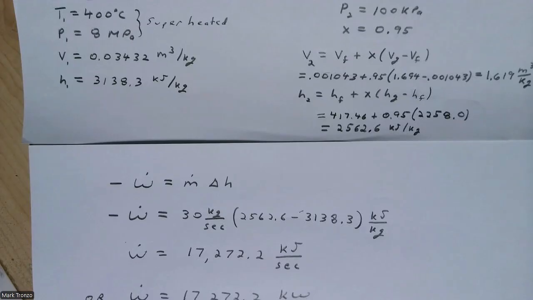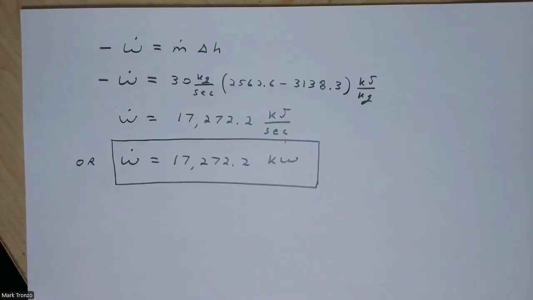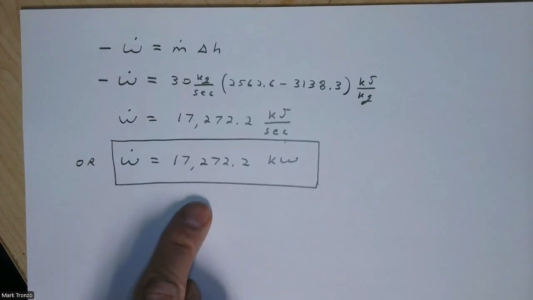Remember, a watt is a joule per second, so kilojoule per second is a kilowatt. So that's the answer for the first part.